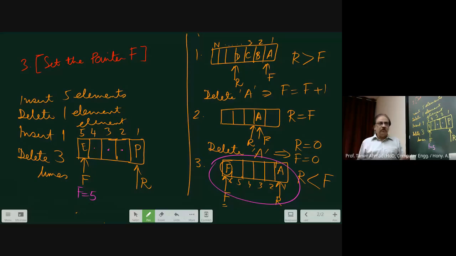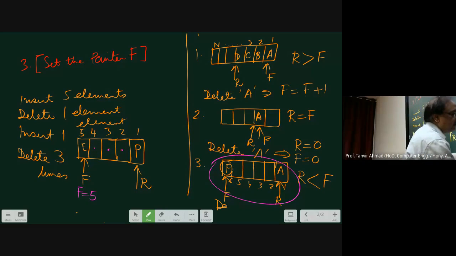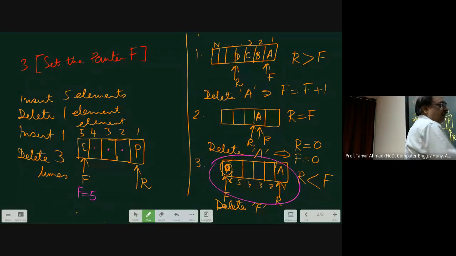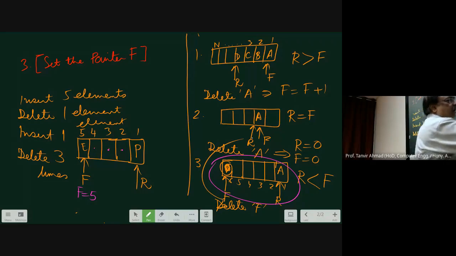Now if I'm having it like this one and here I have to delete, I will be deleting say F. What will happen? The rotation case will come, and once you delete this one, F will have to rotate from here, and it has to come here.